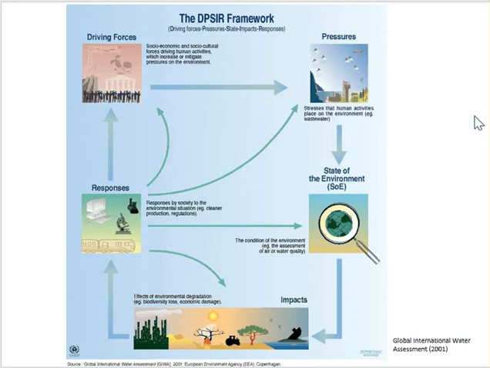Okay? So the idea is that we start with driving forces. Actually, I think what we're really starting with is impacts, because that's what we're seeing. But we need to work back from the impacts to what is actually driving them.